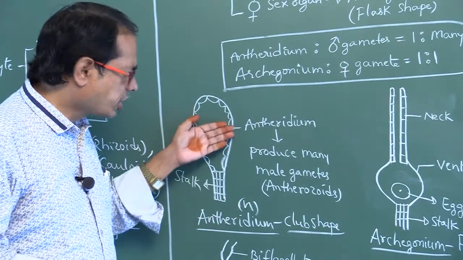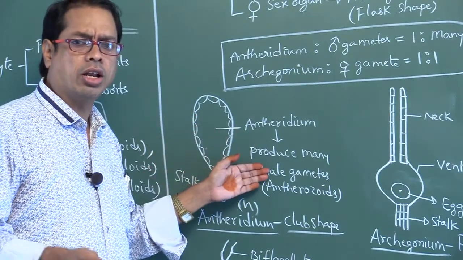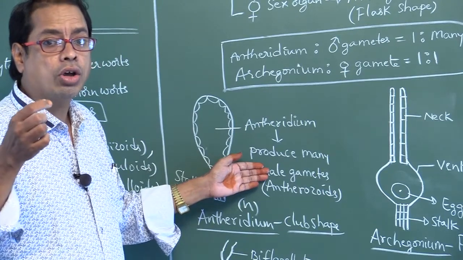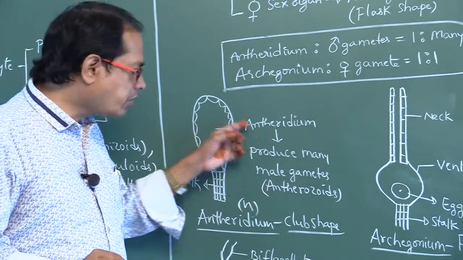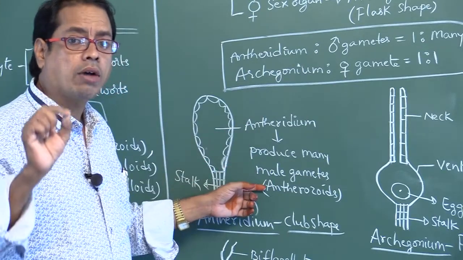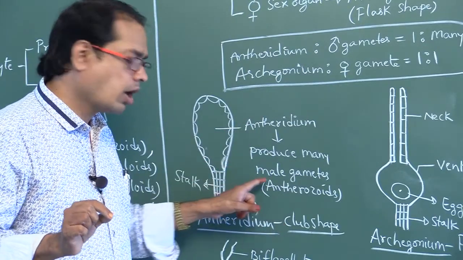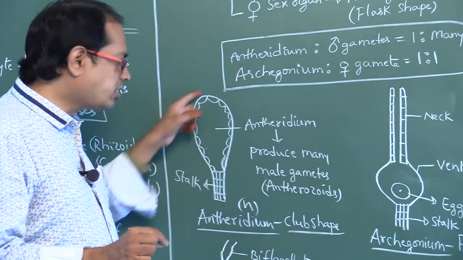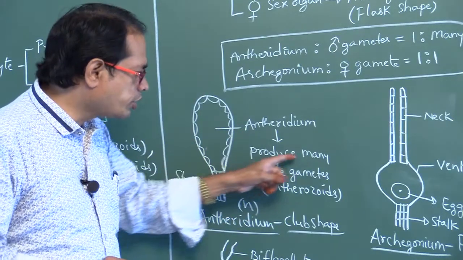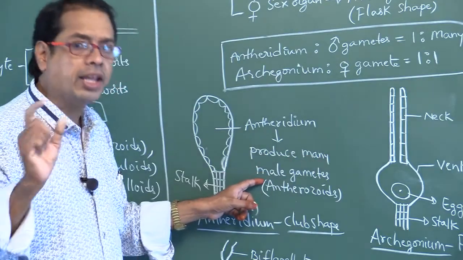It produces a number of male gametes called antherozoids or spermatozoids. One Antheridium produces many male gametes.